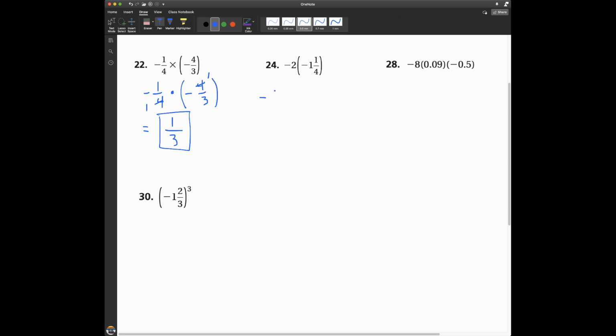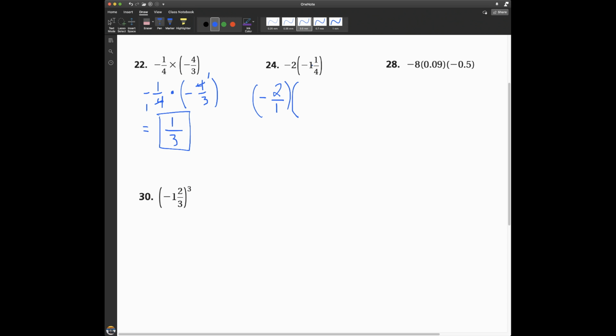Here I have -2, and I'm just going to put that over 1 because I know that I'm dealing with rational numbers, so I might as well just turn that integer, -2, into a fraction. For the second one, let me write this mixed number as an improper fraction.